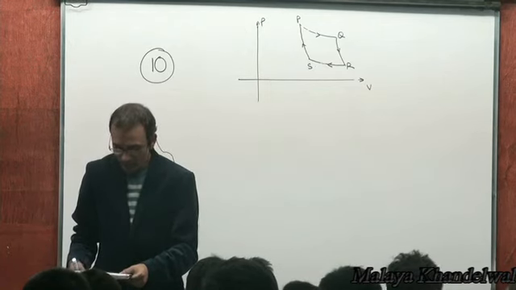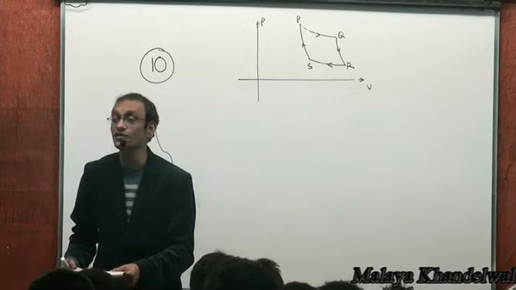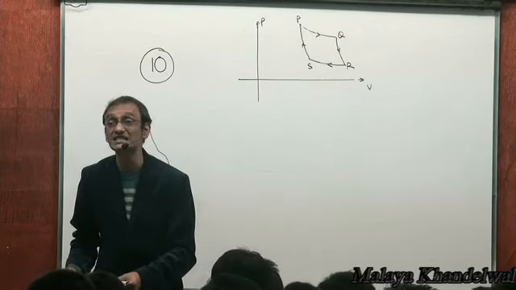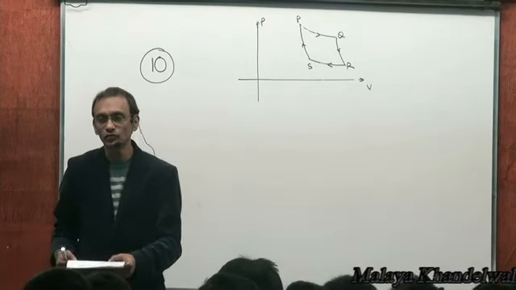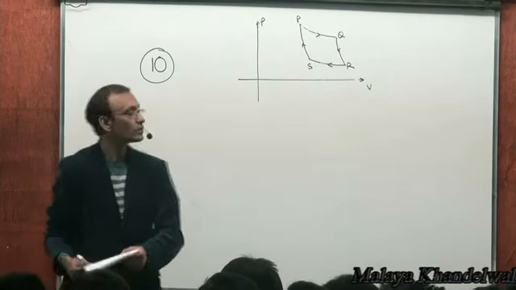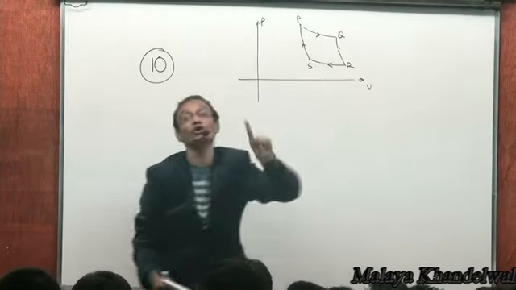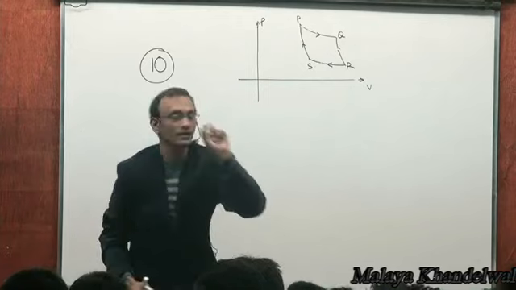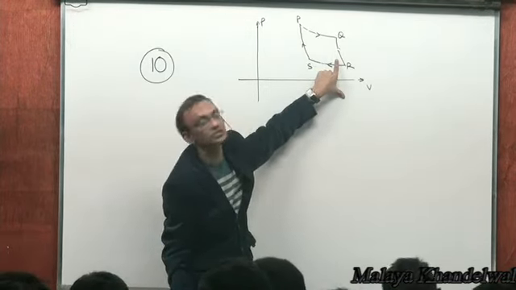In which pair of the changes is work done on the gas? That means work done is negative. Is work done negative in PQ? No, volume increases. In PQ, volume increases, work done is positive. Every time volume increases, work done will be positive. Q to R, work done positive or negative? Positive.